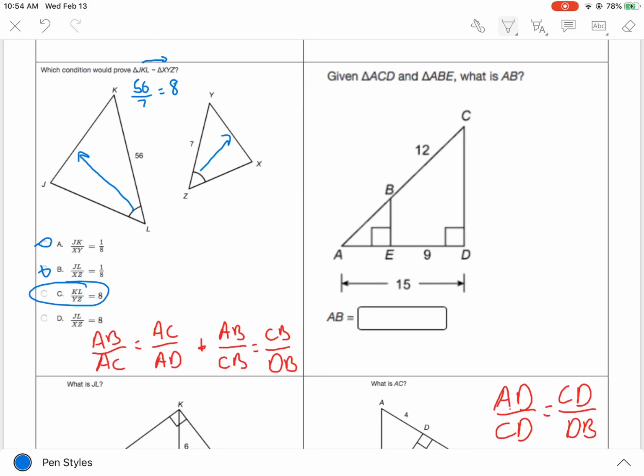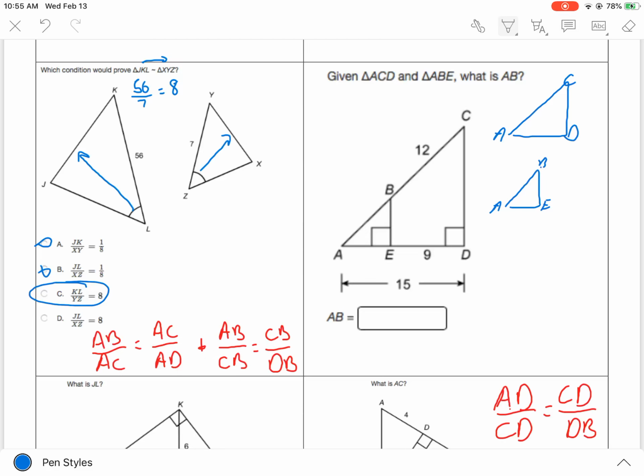Given ACD and ABE, what is AB? ACD, ABE is the little one.